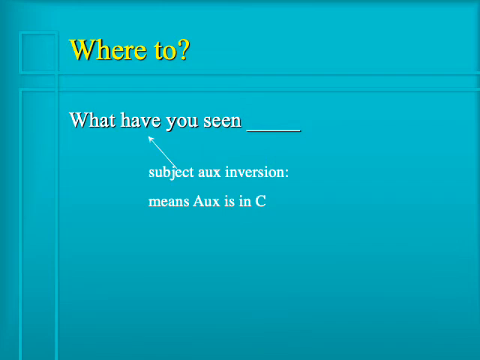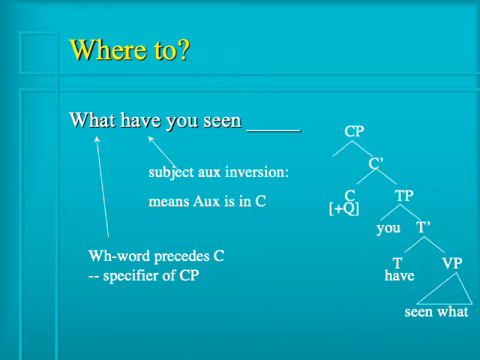And what you see is subject auxiliary inversion, and you see the WH word appearing in the beginning of the sentence. So the tree will look like this. What is originally an object of see, but it moves to the beginning of the sentence.